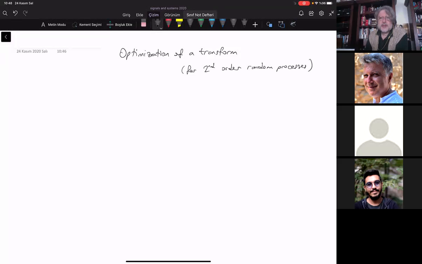The second order assumption is quite a good assumption for at least small segments of the image, like the thing that we did for JPEG.